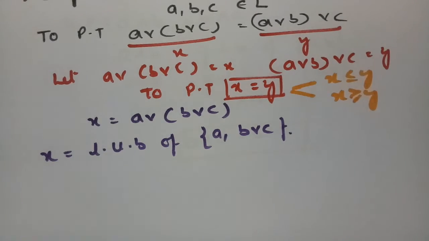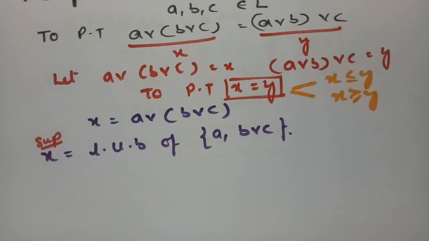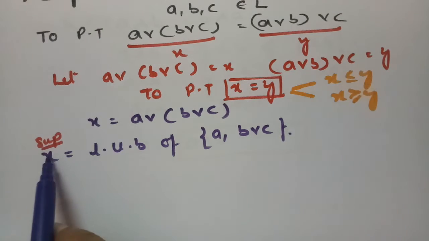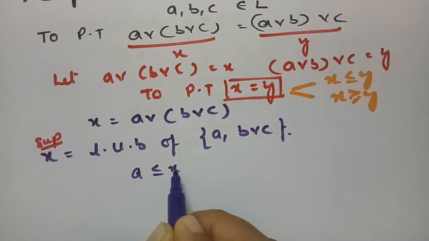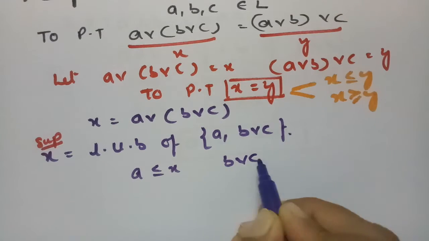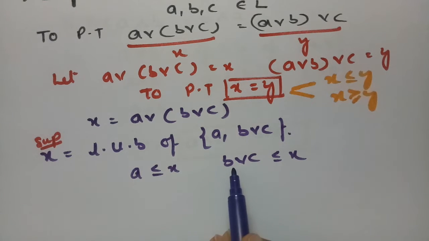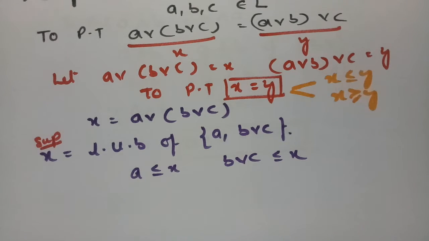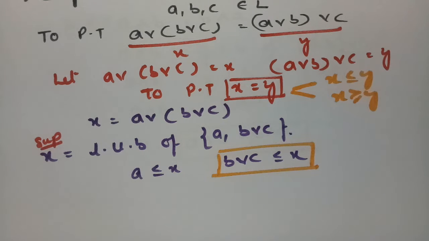Therefore, this value X acts as the supremum for this set. So for each and every element, X will be the supremum value. So A is less than or equal to X, and for B join C also, X is the supremum value. This is the point which you have to keep in mind. So B join C is less than or equal to X.